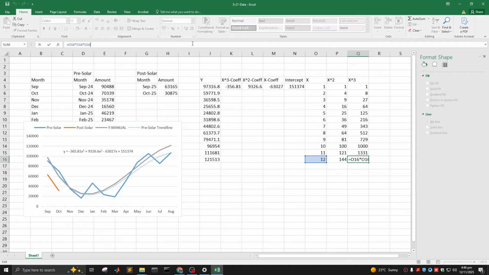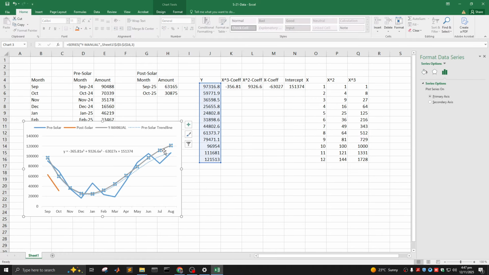For the last few data points, it seems to be correct. But I do see the trend line slightly deviating away.